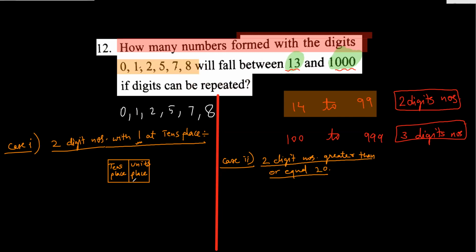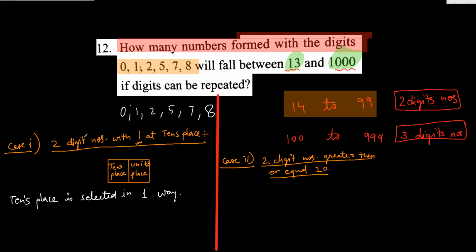Now here, see, the tens place can be filled in one way, just one way. Why? Because you have 1 at the tens place. So here I'll write tens place is selected in one way. What about units place?